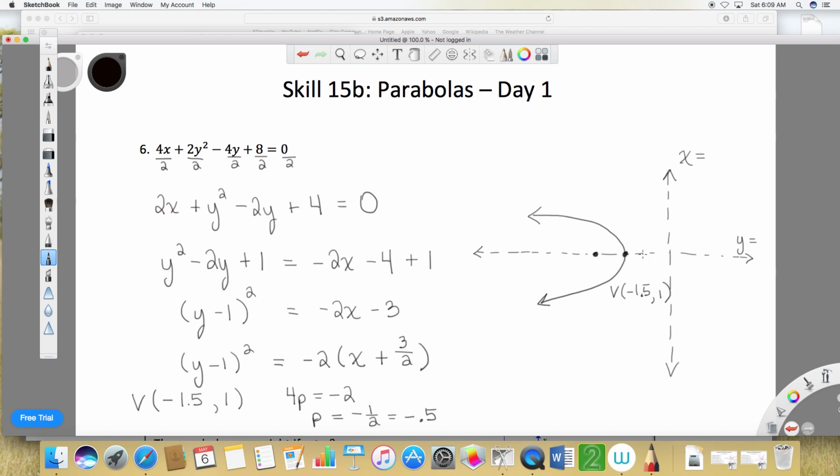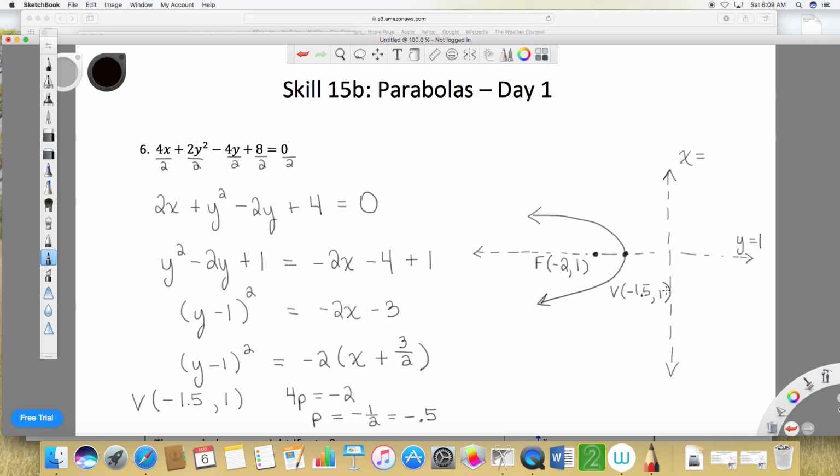And if I'm moving to the left or to the right, that's going to change the x-coordinate. I'm just moving 0.5 units. If I move 0.5 units to the left, I'm going to subtract 0.5 from negative 1.5, and I'll be at negative 2. The y-coordinate is the same. It's 1. This is y equals 1.